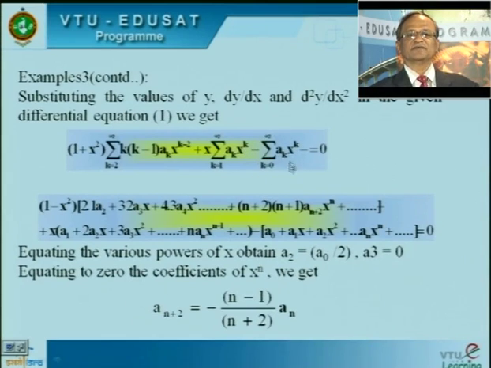Minus the value of y, summation k equal to 0 to infinity, ak x to the power k, is equal to 0. Okay, so now I have substituted all the values.